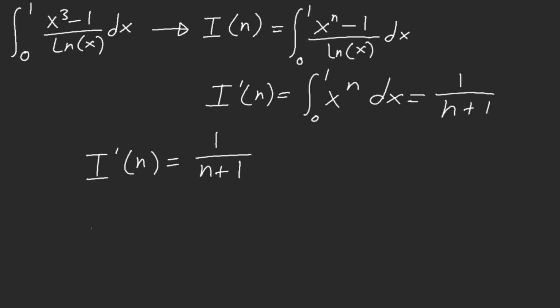And now we integrate: I of n is equal to ln of n plus 1 plus c. Okay, do not forget the plus c. Even though the majority of the time c equals 0, we still want to make sure and double check that c is actually 0, because sometimes it's not.